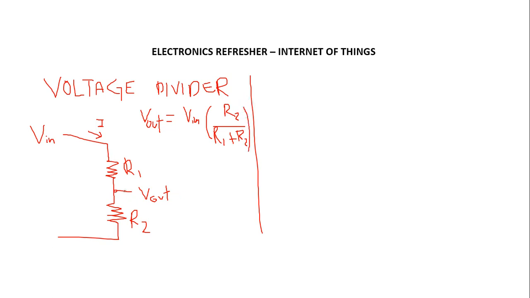So the voltage is going to be located here. Output voltage: if you put a voltmeter here, you're going to measure the voltage here. And on the other hand, the current divider is going to be like this.